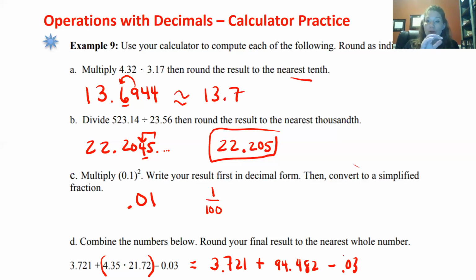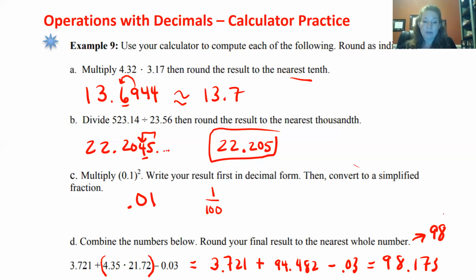Now I can go in order from left to right, and this calculator will be correct. 3.721 plus 94.482 minus 0.03. So my answer is 98.173, I should say. And then it says rounded to the nearest whole number. So my answer is 98.